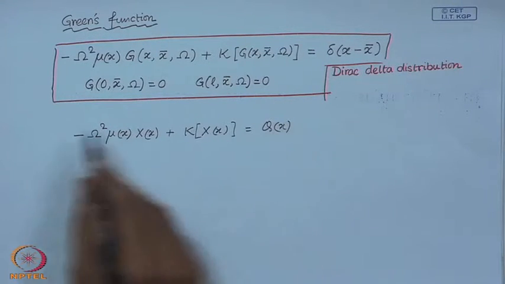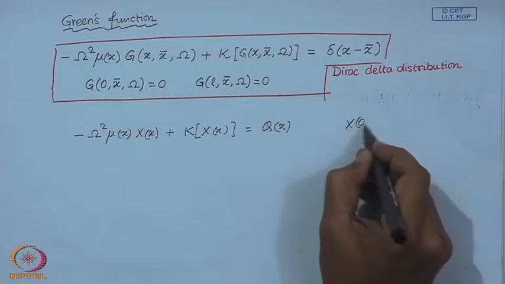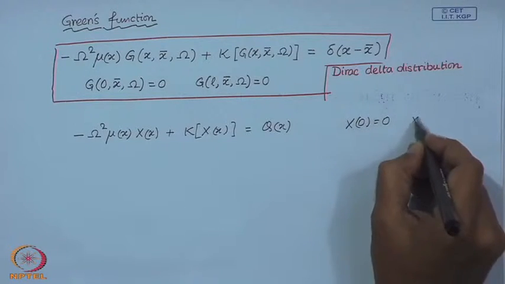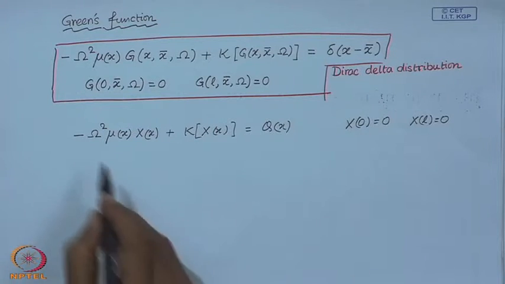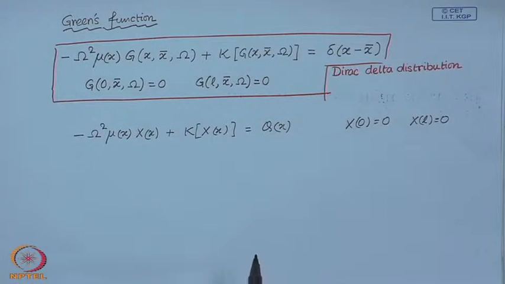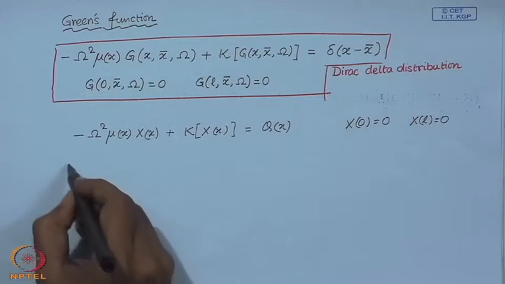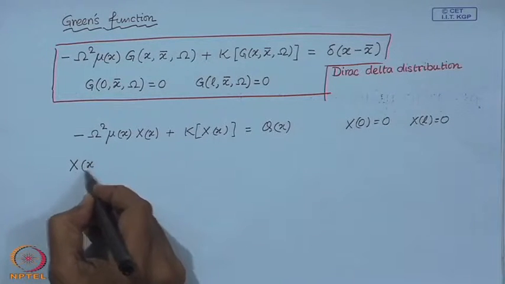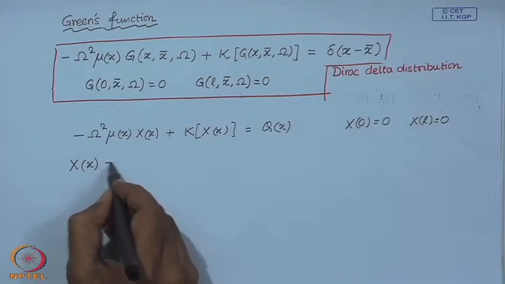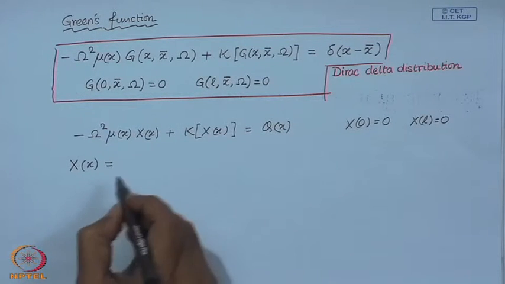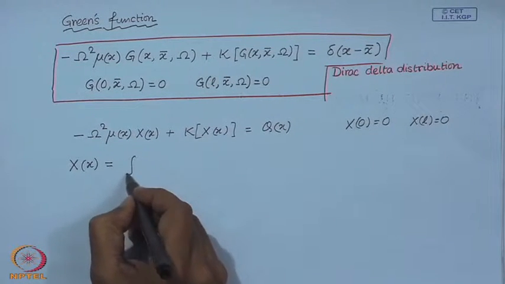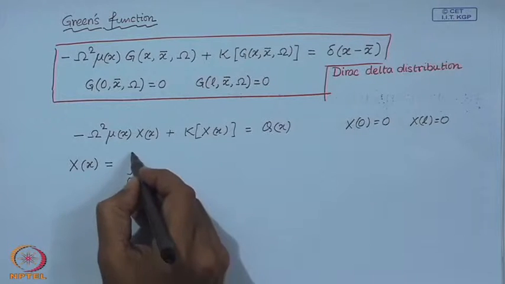So, this is the problem, of course, with these boundary conditions. This is what we want to solve. We claim that the solution of this, so the amplitude function corresponding to an arbitrary forcing capital Q of x, is given by integrating over the domain of the problem.